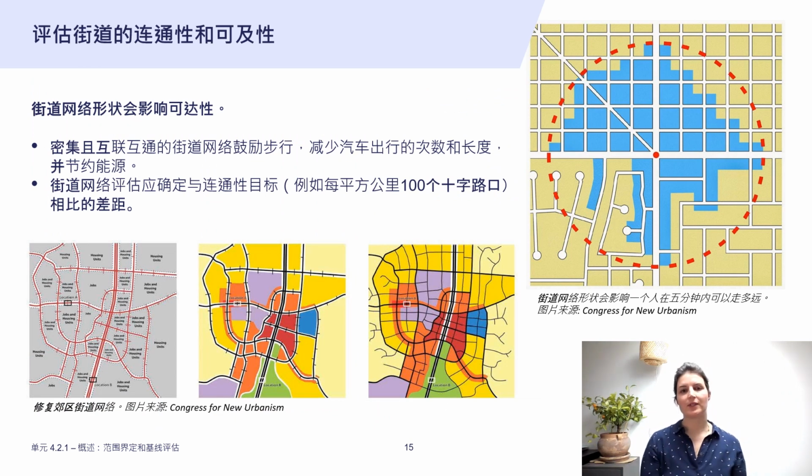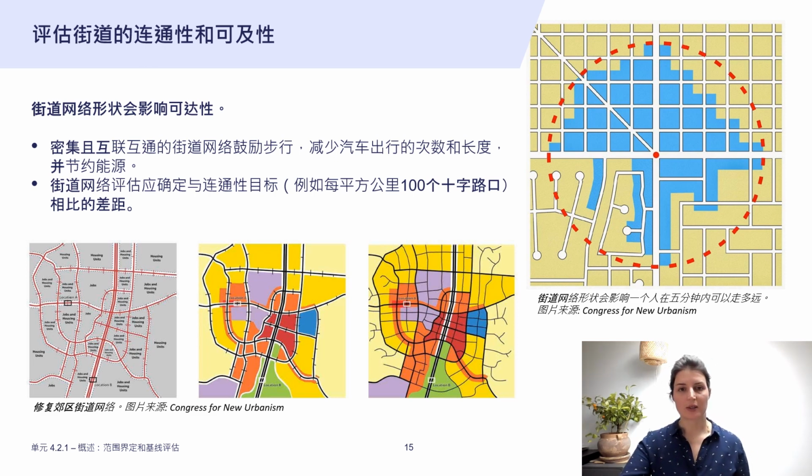Understanding street connectivity and accessibility can also be important. As shown in the drawing on the right, disconnected or poorly connected street patterns strongly reduce accessibility. Dense and connected street networks encourage walking, reduce the number and length of automobile trips, and conserve energy.